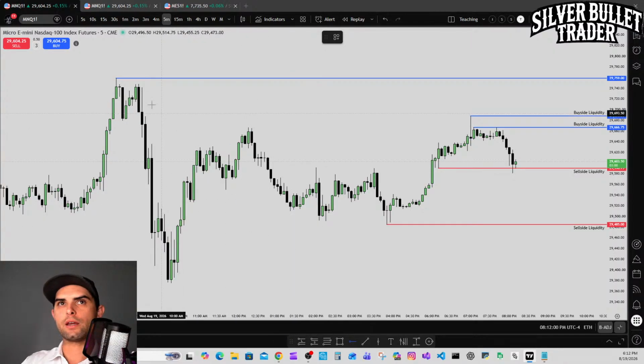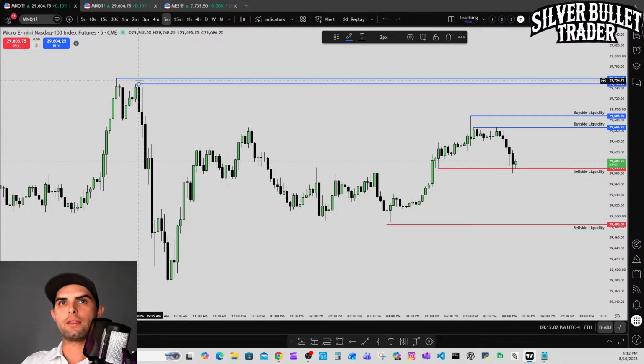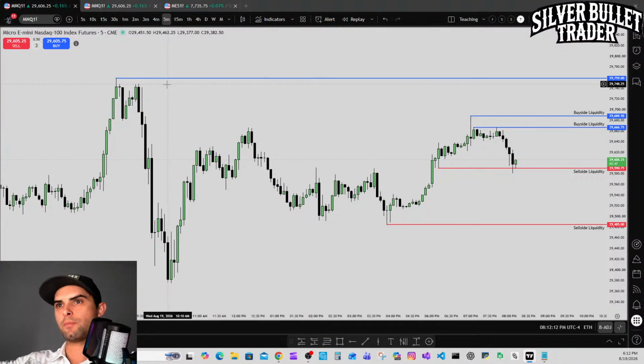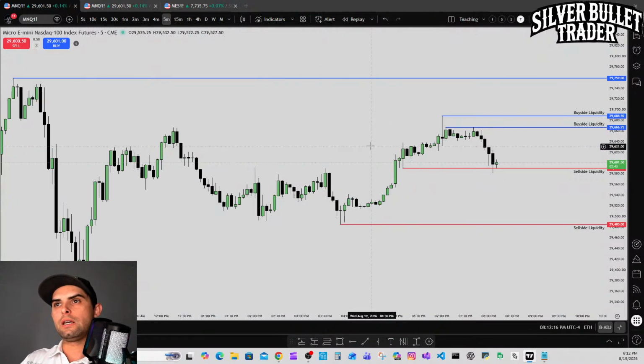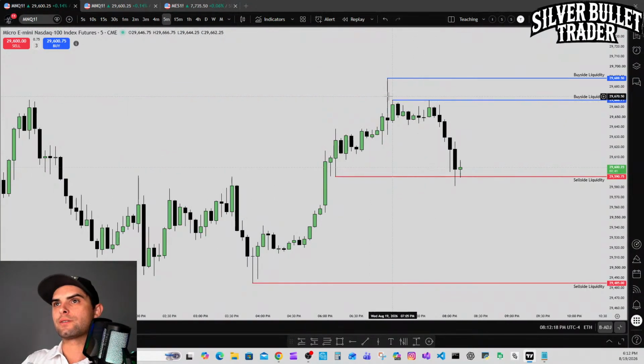So if you have a high there and a high there, those are closely related highs, close levels. I'm looking for it to look smooth across the top or smooth across the bottom. So here we had smooth highs, and I like that as a draw on liquidity.